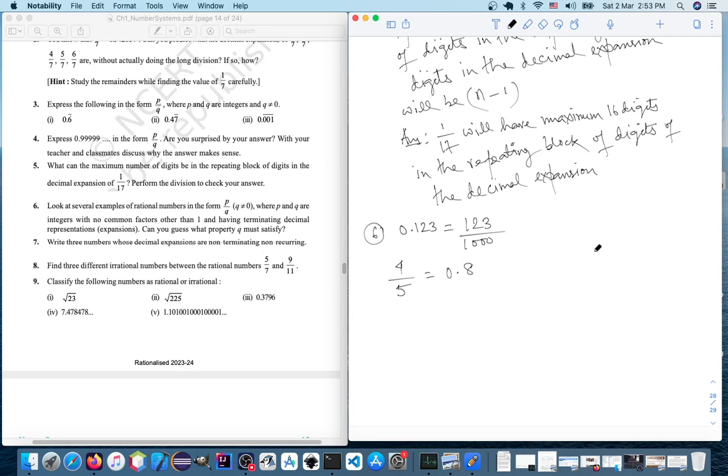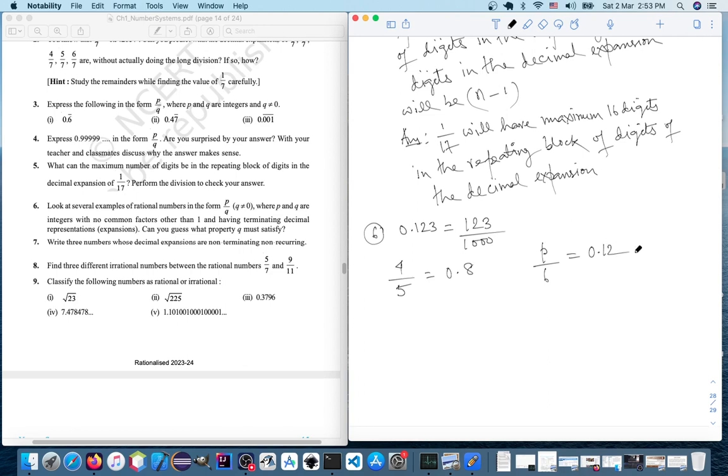Can we have any number like p by 6 that will have a terminating decimal? What about the terminating decimal 1.2?